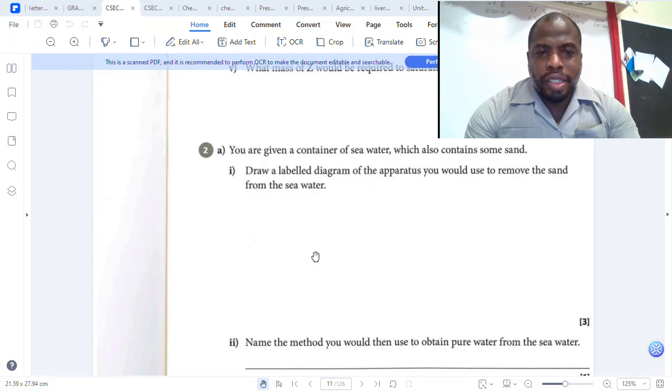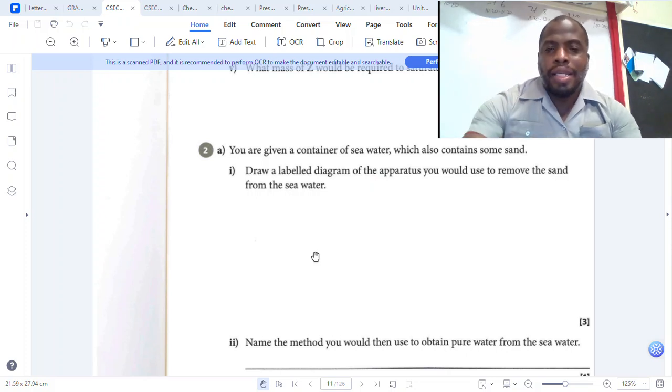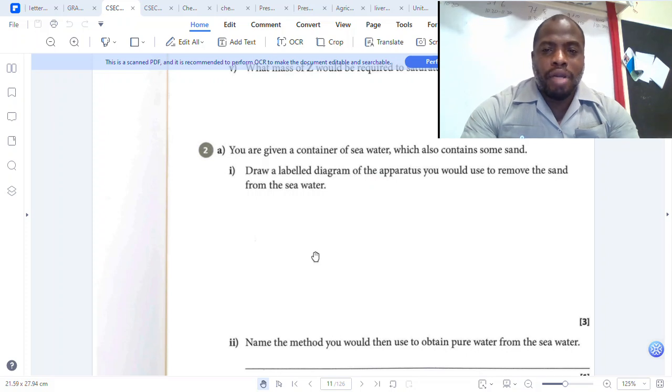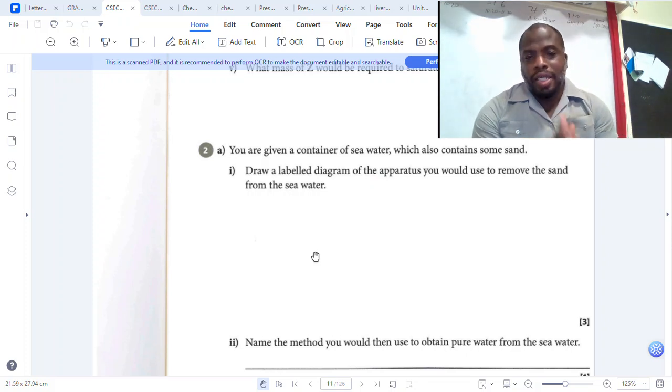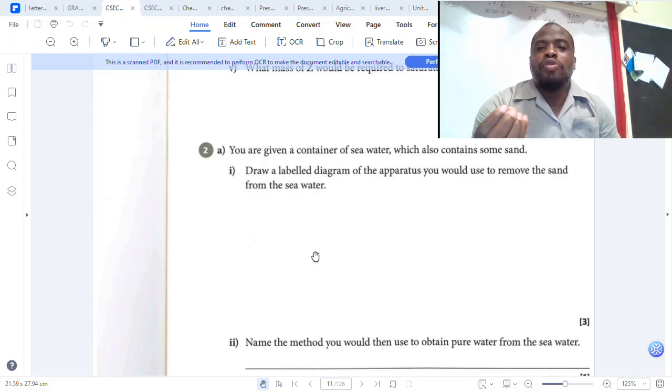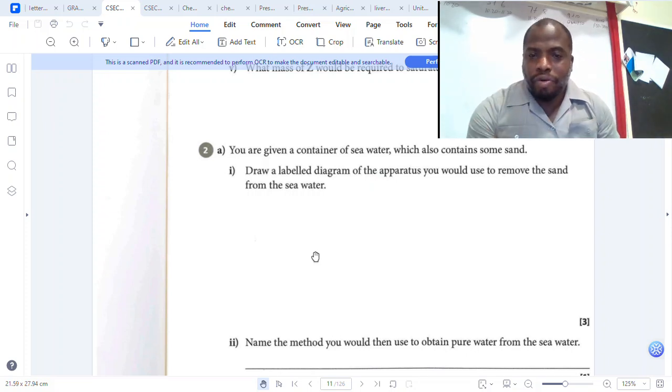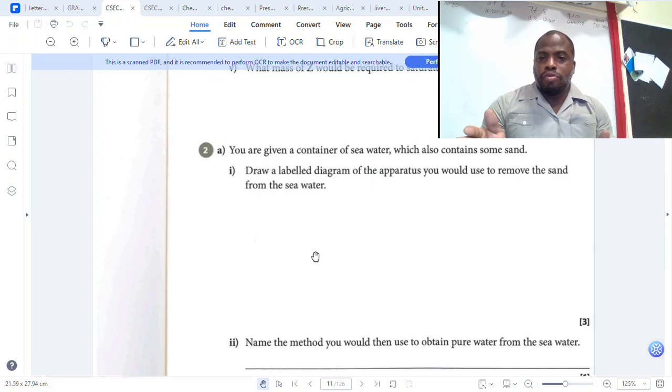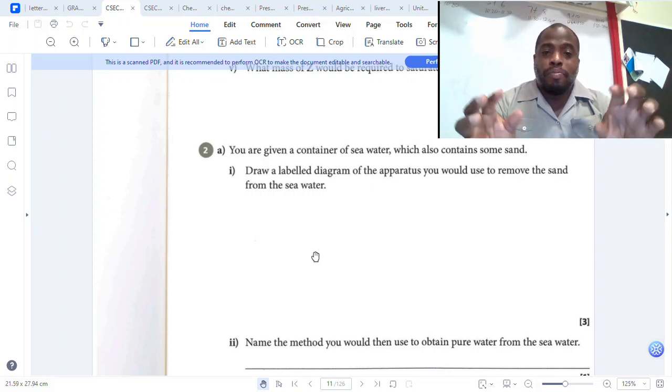Now the next question says, you are given a container of seawater which also contains some sand. You're to draw a labelled diagram of the apparatus you would use to remove the sand from the seawater. And we know when we're looking at separation techniques, one of the things that will help you to identify the method of separation is to look at the two substances, the components that make up the mixture, and you play around in terms of the property.